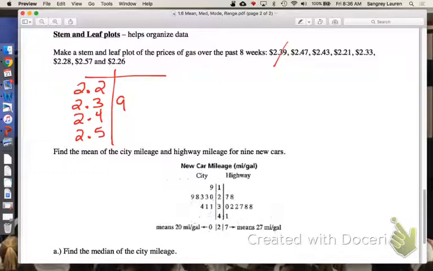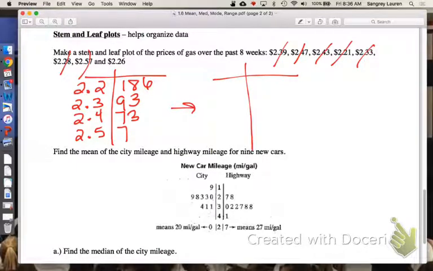Then we have 2.47, 2.43, 2.21, 2.33, 2.28, 2.57, and 2.26.